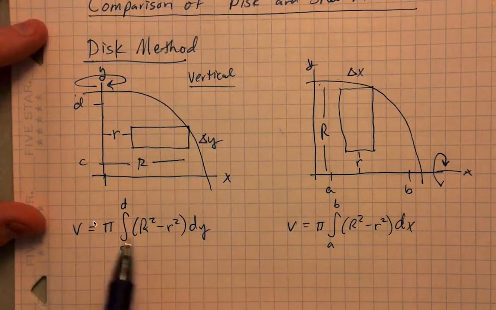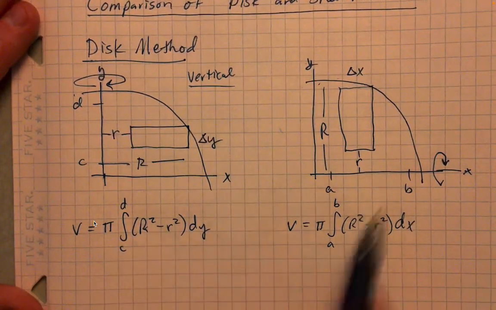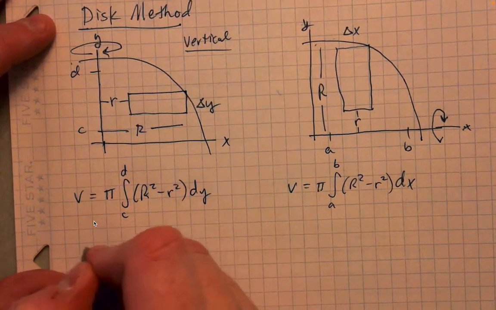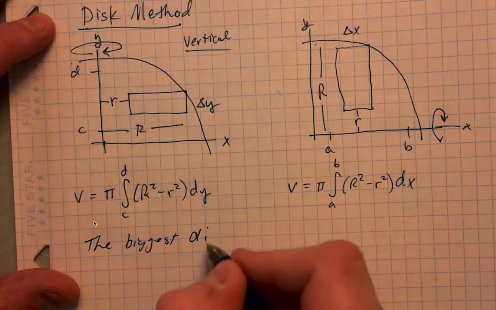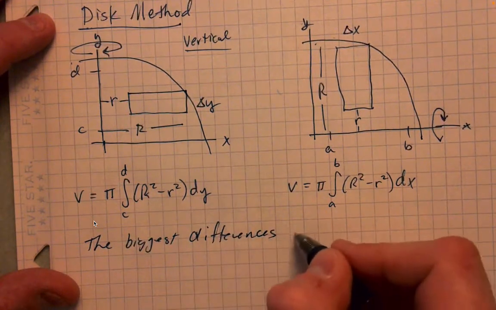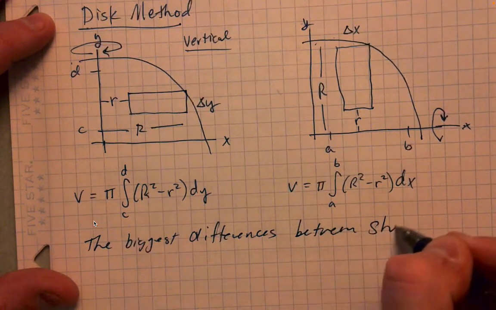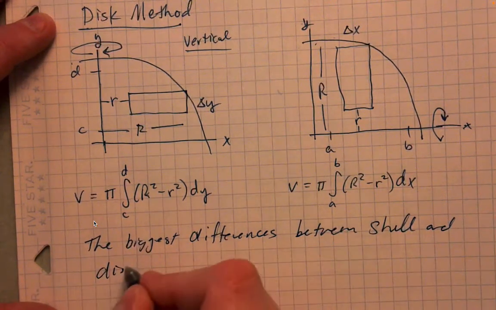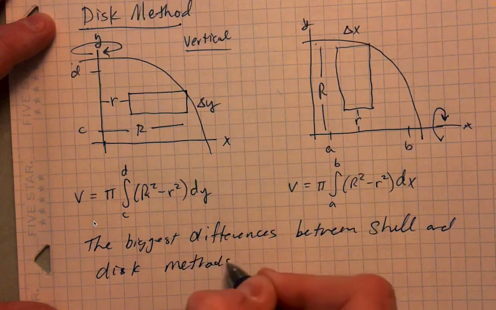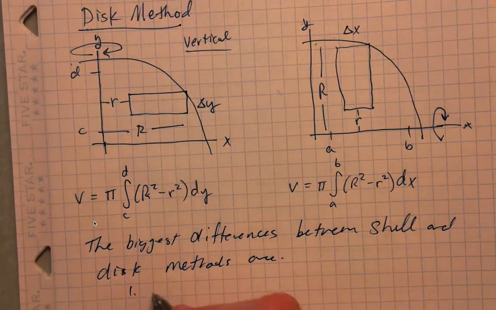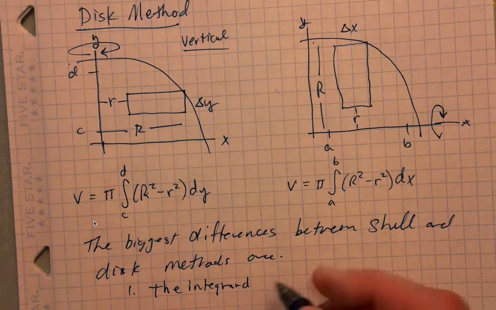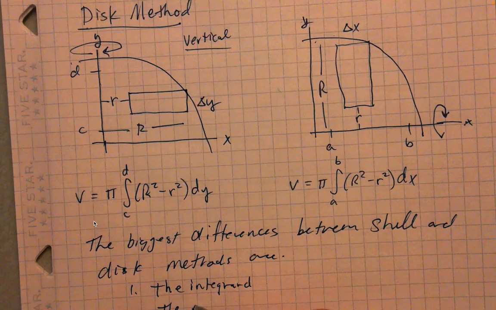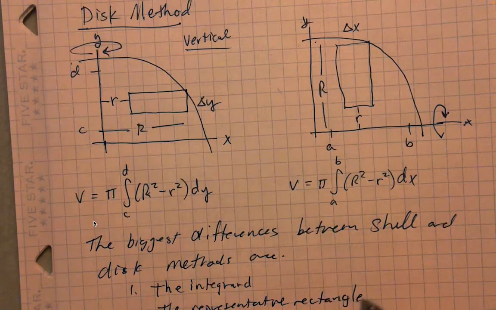Obviously the formulas are going to vary with the shell method, but I'd say the biggest differences between shell and disk methods are, one, obviously the formulation, the integrand itself, and two, the representative rectangles are flipped.